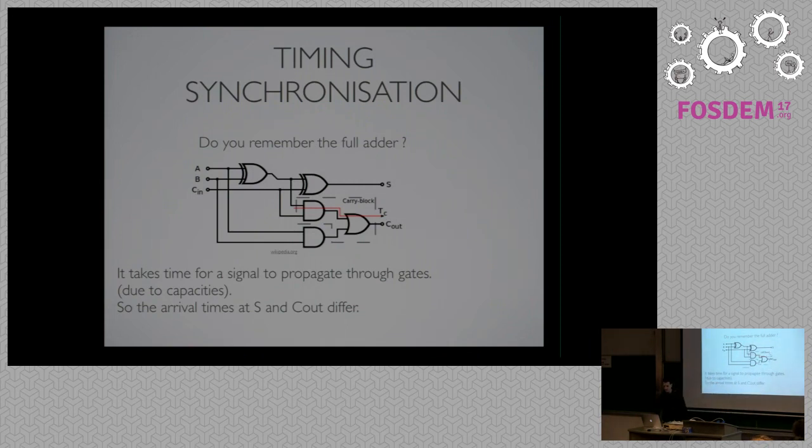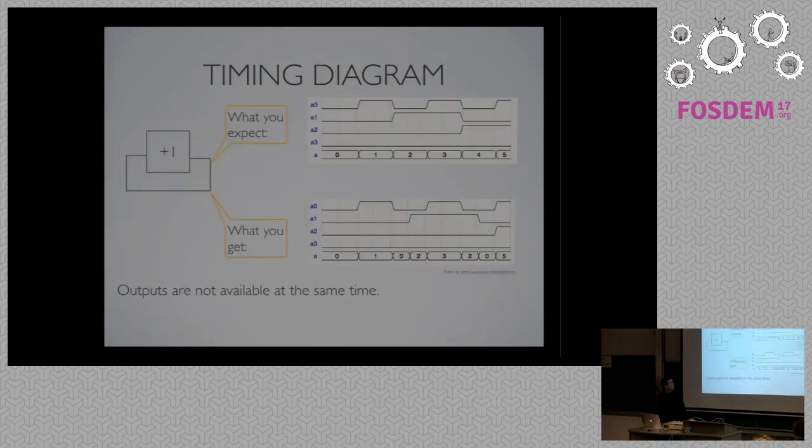So you may expect a perfect output, like in this diagram, but in fact, for example, the output of A0 comes just before the output of A1. And if there's a loop, it will drift more and more. For example, the output of A2 will be available much later.